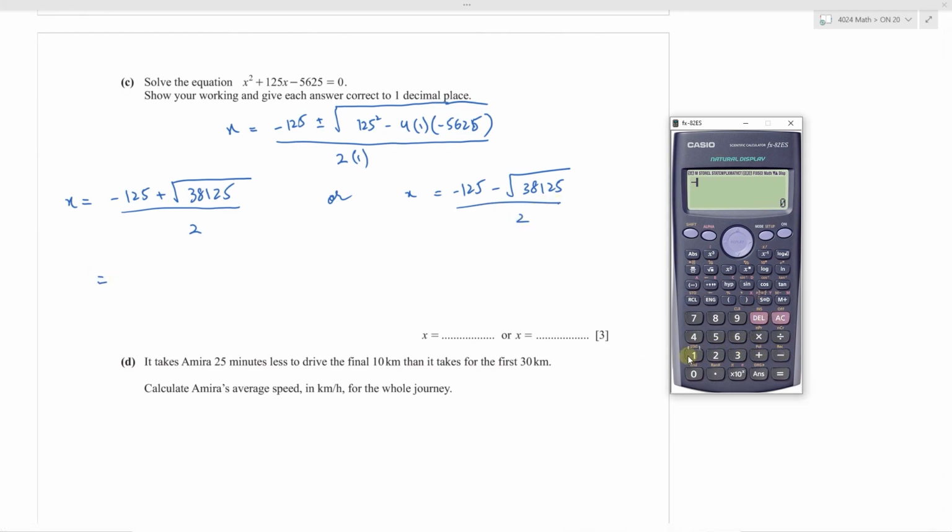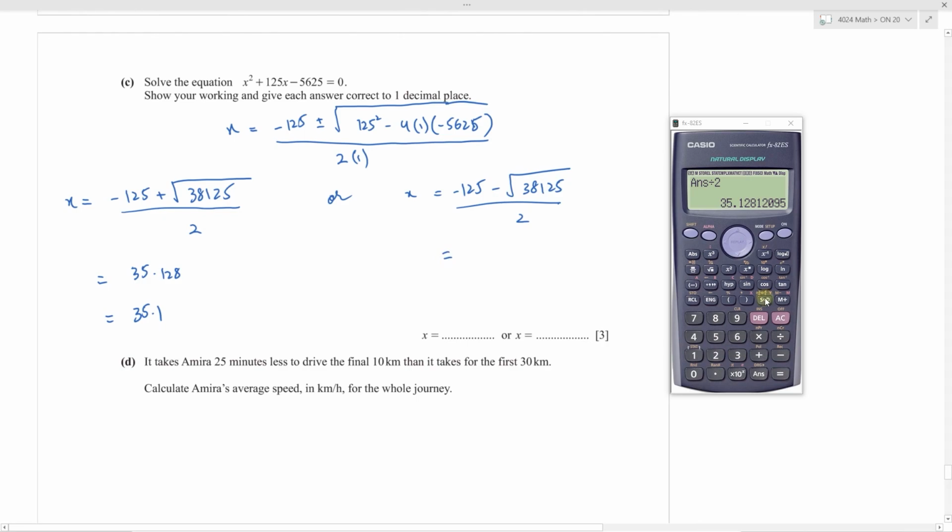So let's calculate the left value first. Minus 125 plus square root of 38125 divided by 2. So this is 35.128 or 35.1 up to one decimal place. You have to give your answer up to one decimal place.